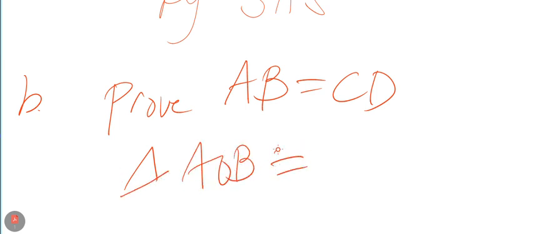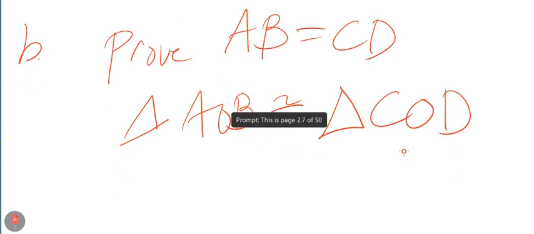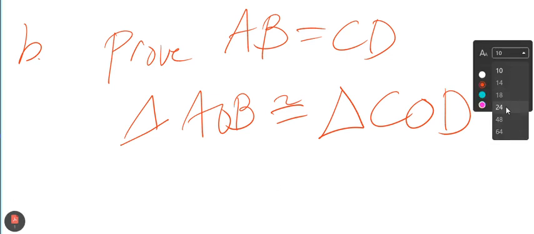So we're going to write that triangle AOB is congruent to triangle COD. This must be the reason that we use to prove it. Let me type it out for you.